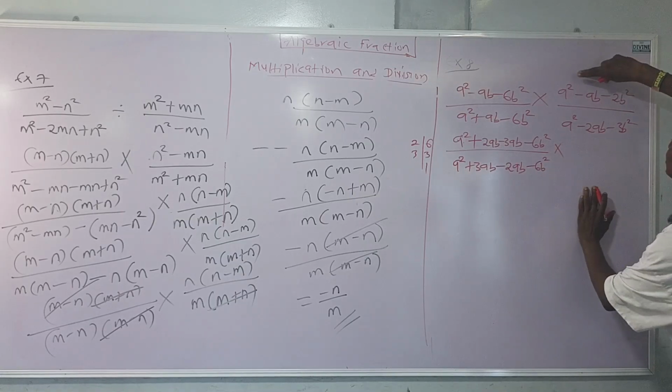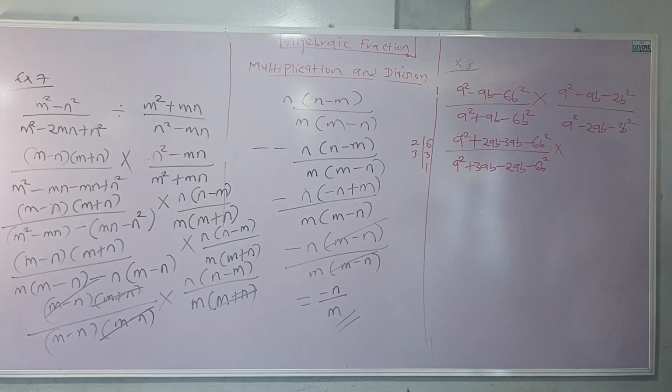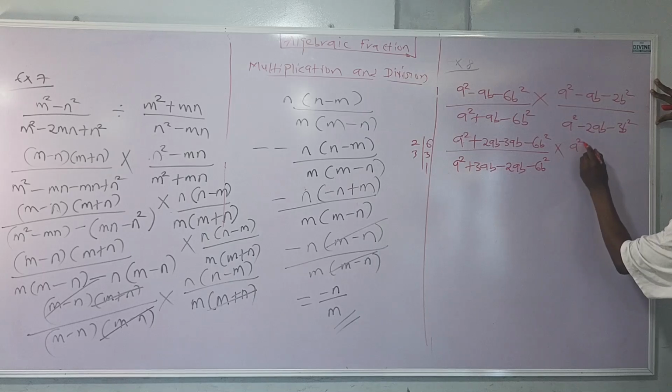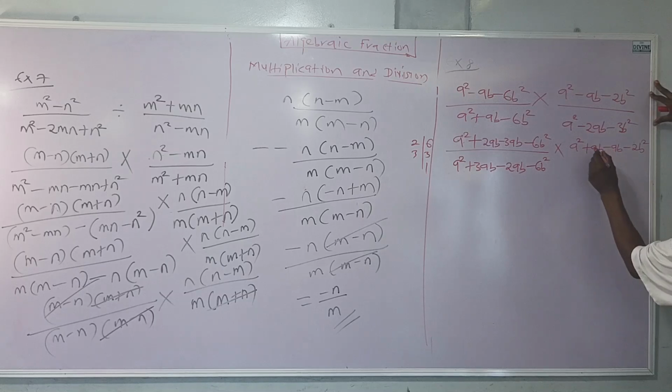Times. For this, we have 2 times 1 to give me 2. 2 and 1 are the only factors we can use. And 1 minus 2 will give me minus 1.